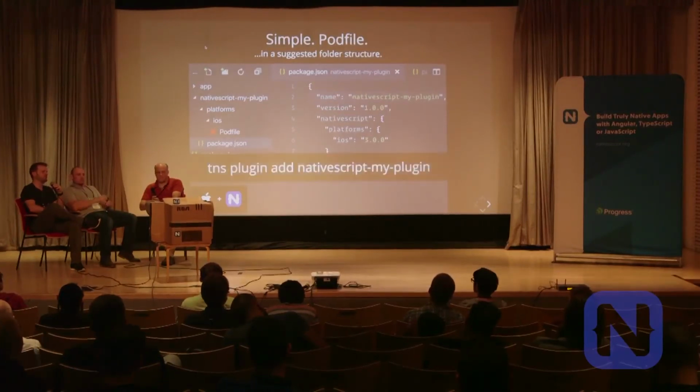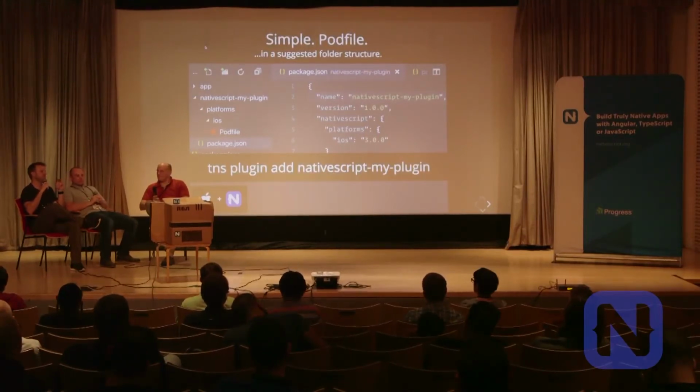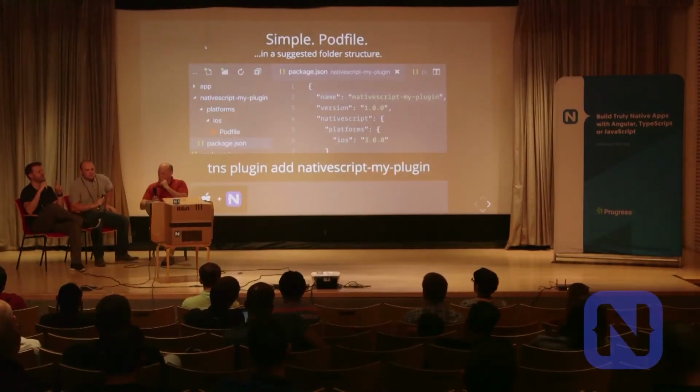So what we can do at this point is say tns plugin add nativescript-my-plugin. What TNS is going to do is default to look locally first. So it's going to find nativescript-my-plugin as a folder right inside the root, and it's also going to pick up the package.json because TNS works with NPM.